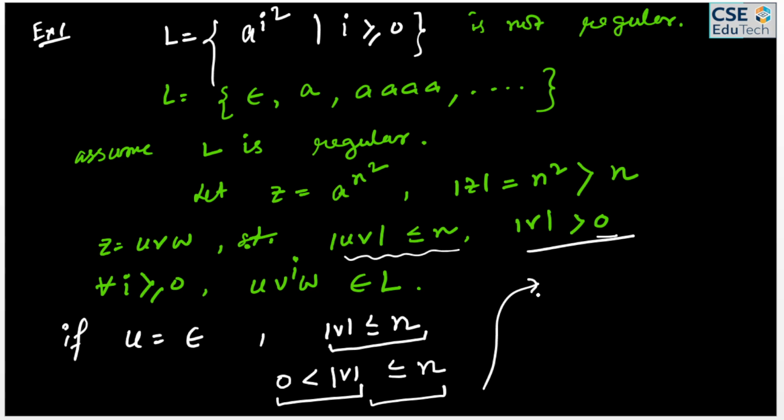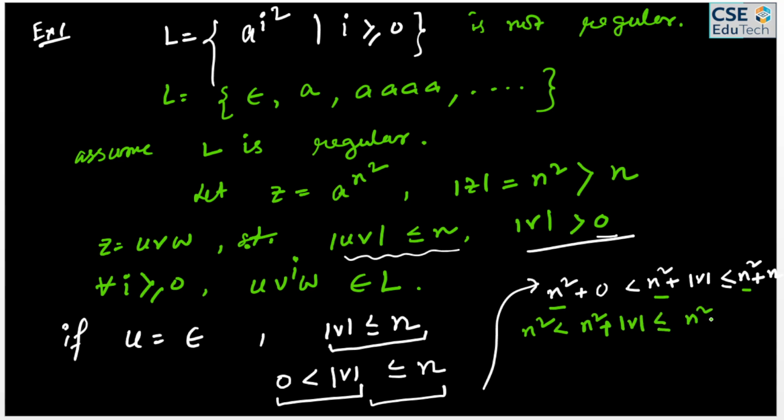Okay. Now we add n square on all sides. So n square less than n square plus the length of v, which is also less than or equal to n square plus n. Now n square means the length of the string z.